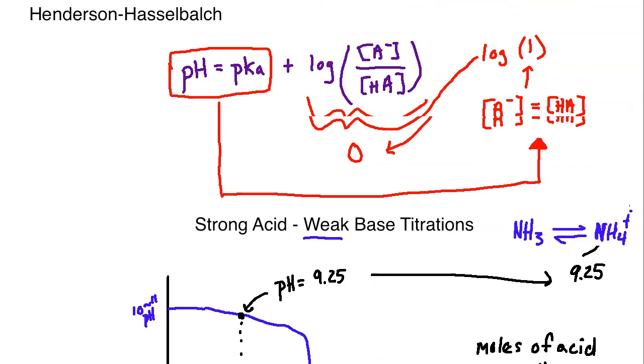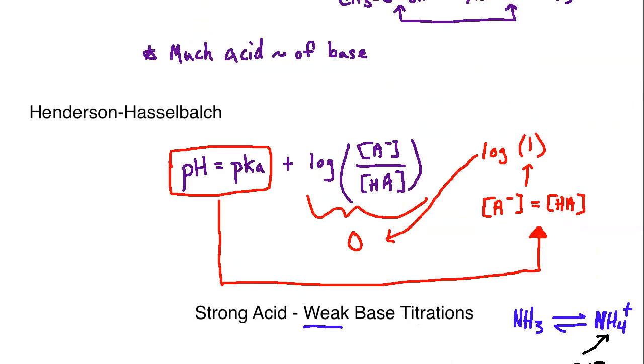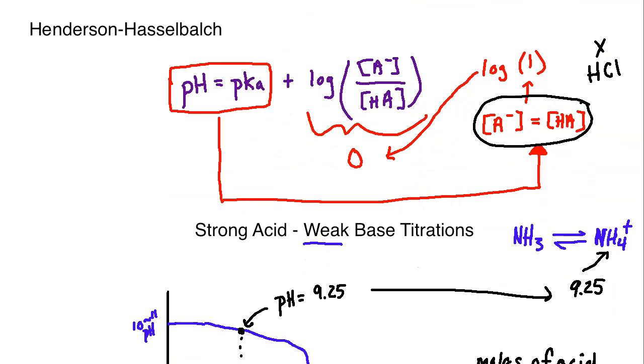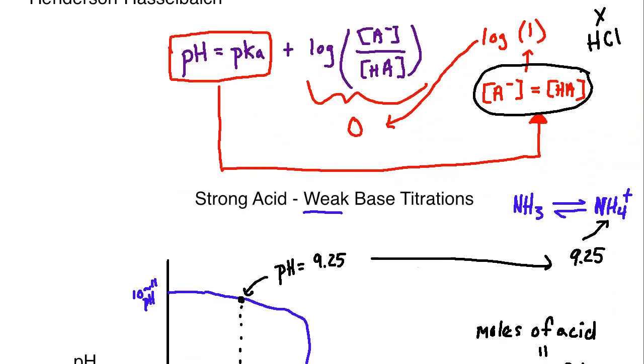So if you go back and you look at the Henderson-Hasselbalch equation, remember we said when these values equal one another, okay? So this does not have to do with the HCl that's present. We're looking only at the NH3 and the NH4+ that are in comparison with one another.